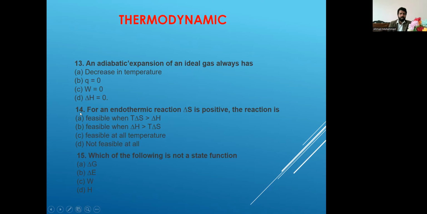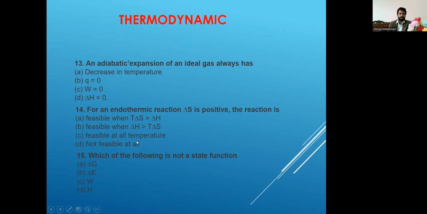For question 14, for an endothermic reaction, del H is positive, and the reaction is feasible when TDS is greater than del H. Option B, reaction is feasible when del H is greater than TDS; option C, feasible at all temperatures; and option D, not feasible at all.